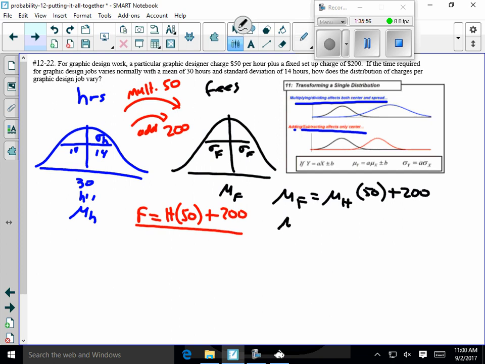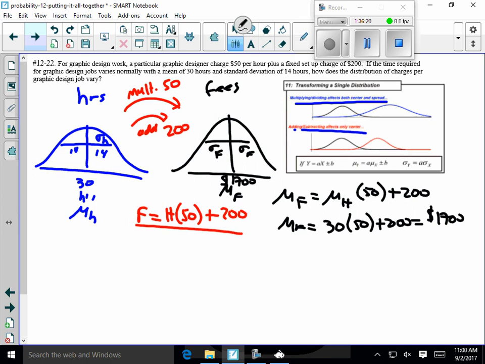So the new mean is 30 times 50 plus 200, which turns out to be $1,700. So the average that this graphic designer will make on a job is $1,700.